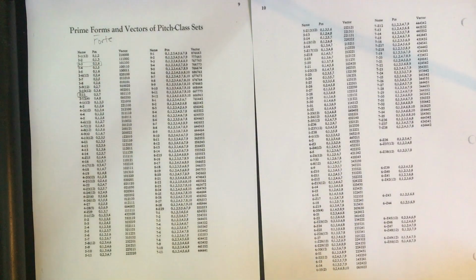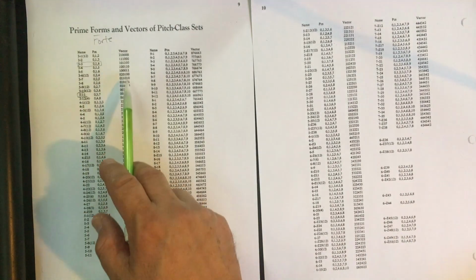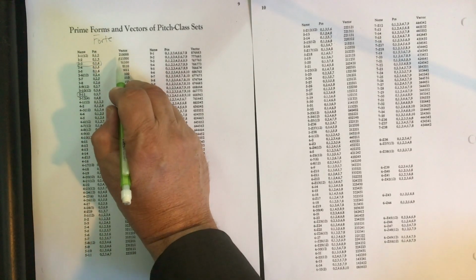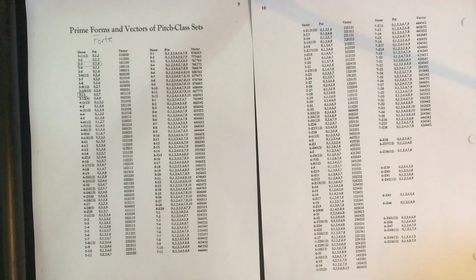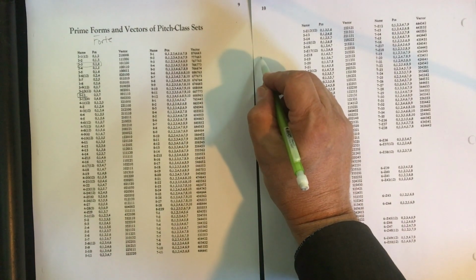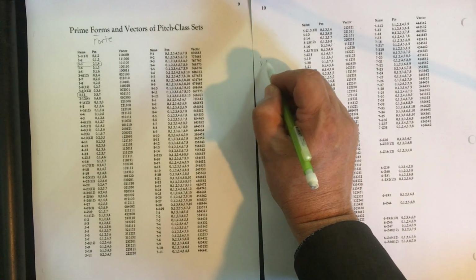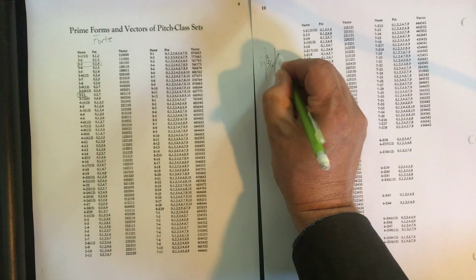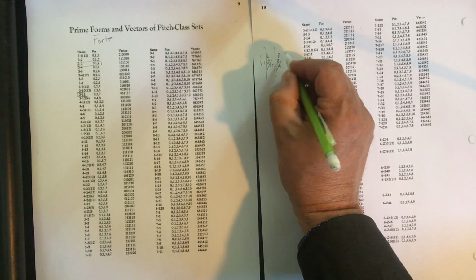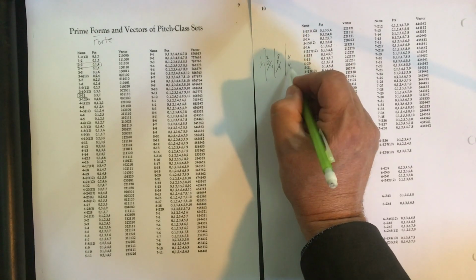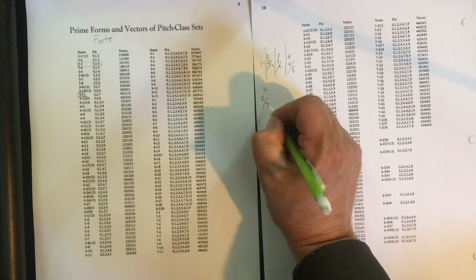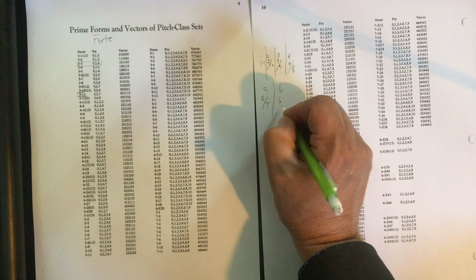Okay. Then the third column, the vector, that is the interval class vector. And that tells us how many of each interval class there are. You remember there are 6 interval classes. 1 includes 1 and 11, 2 includes 2 and 10, 3 includes 3 and 9, 4 includes 4 and 8, 5 includes 5 and 7, and 6 just includes 6 because 6 is self-complementary.